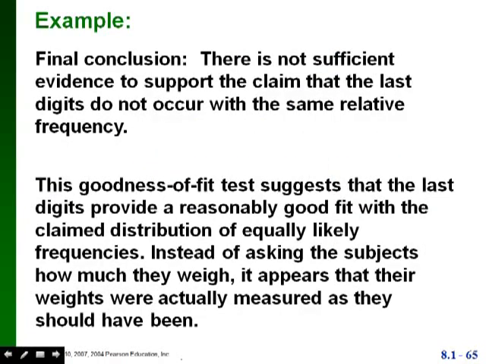So our final conclusion is that there's not sufficient evidence to support the claim that the last digits do not occur with the same relative frequency. This is saying there's not enough evidence to support the claim that our observed values don't fit the claimed distribution.